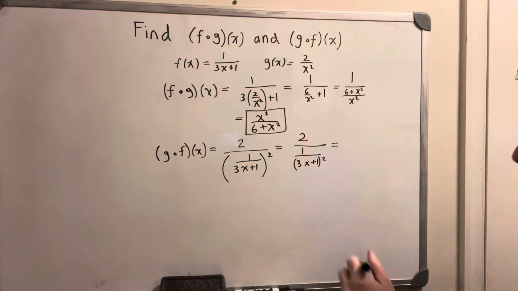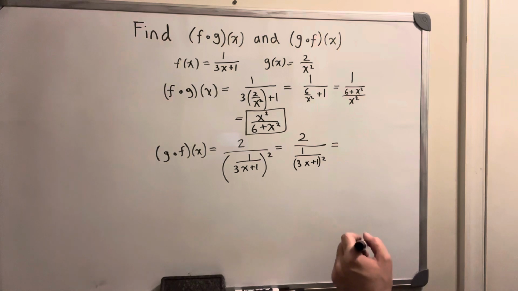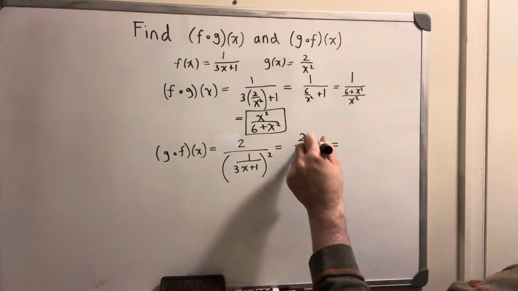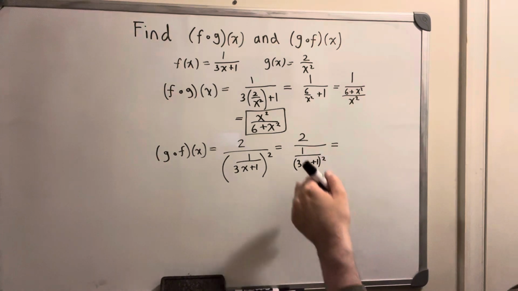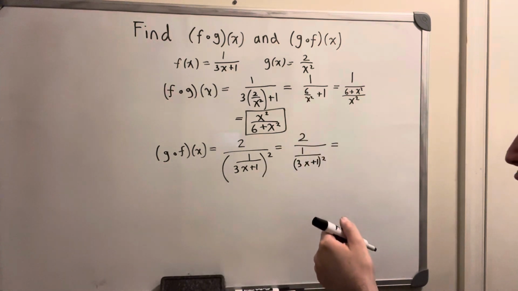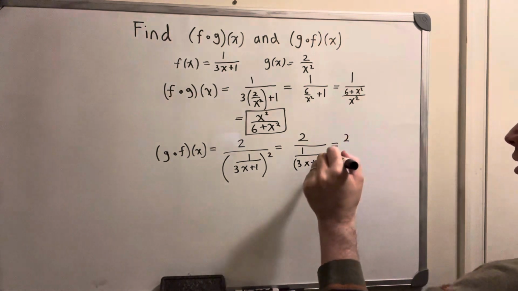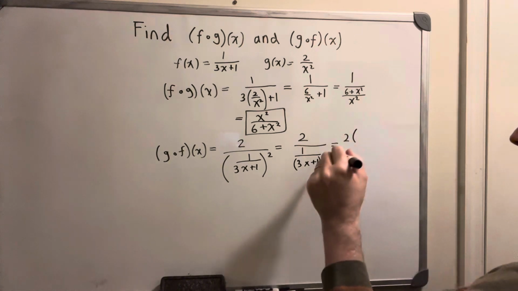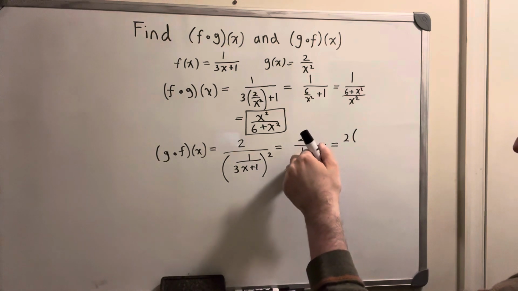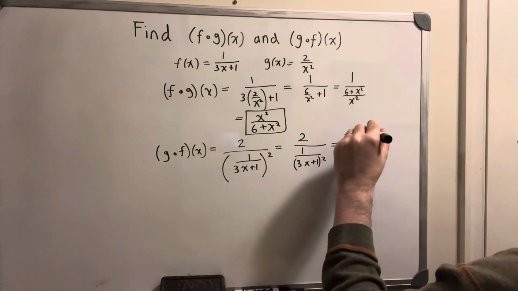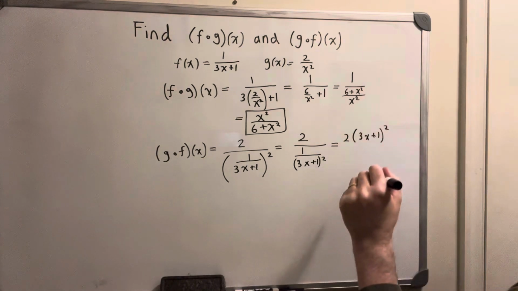What would you do at this point? Before I do what I'm going to do, think, what would you do? If you're dividing by a fraction, you bring the fraction up into the numerator and flip it upside down. So you got 2 times, well, 3x plus 1 squared over 1 is just 3x plus 1 squared, right?